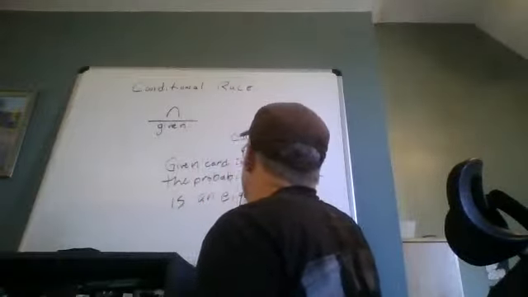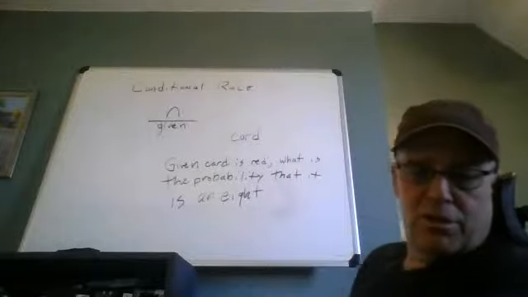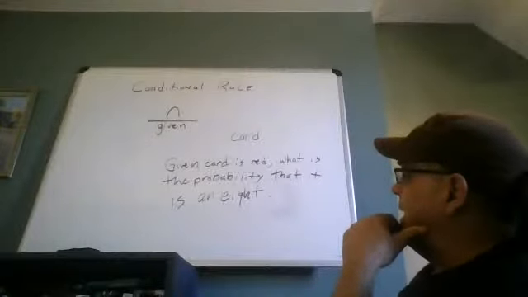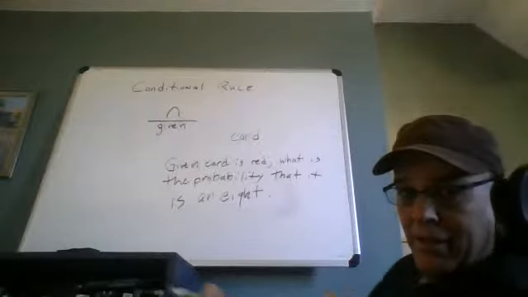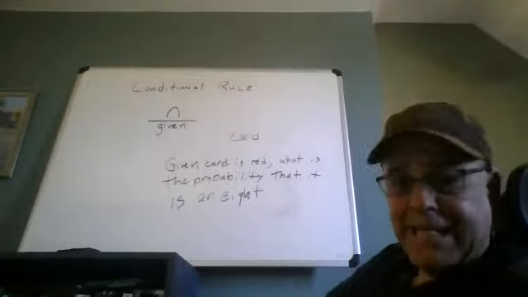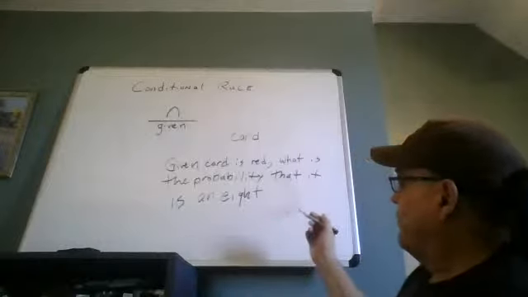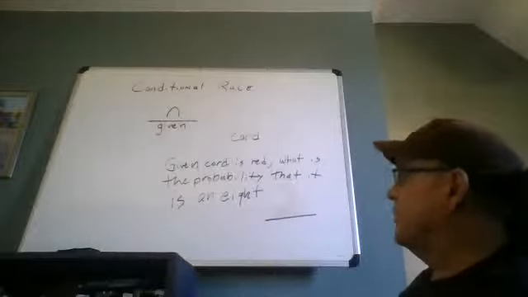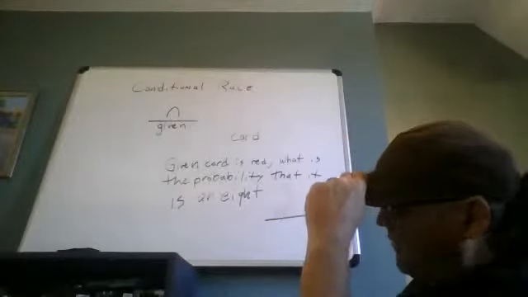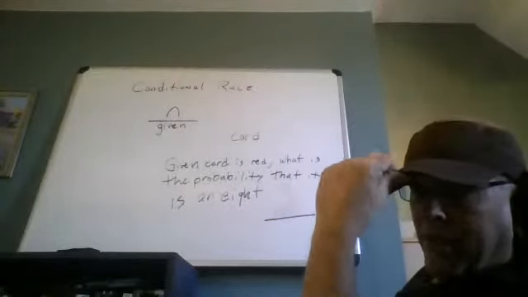Okay, that is my question for you. Given that the card is red, what is the probability that the card is an 8? So I'm going to use that formula, and I'm going to say given the card is red, how many cards?